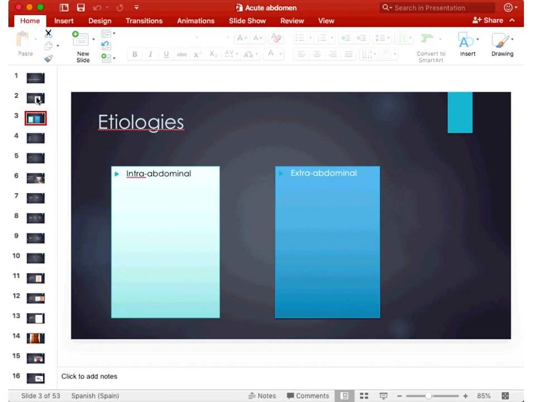So we have many causes, many etiologies accordingly. We have pathologies that are intra-abdominal or extra-abdominal, such as kidneys or any other pathology that may simulate an acute abdomen. And depending on the age, the background of the patient, medications, and so forth, we have to analyze this. The abdomen itself is some sort of a black box.